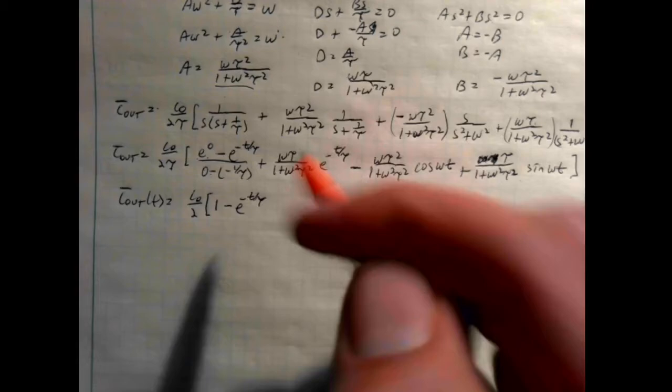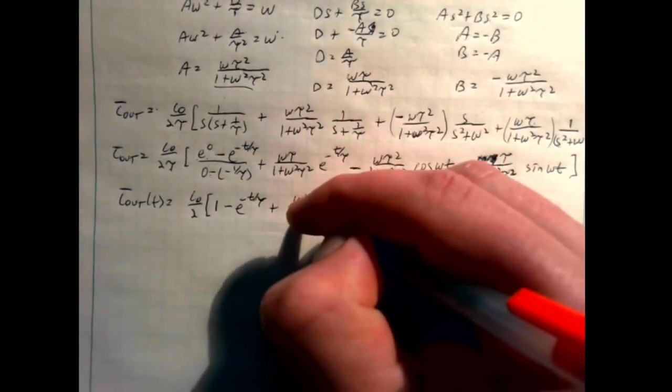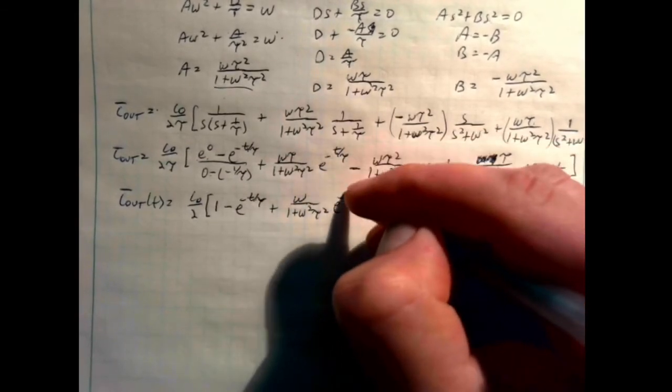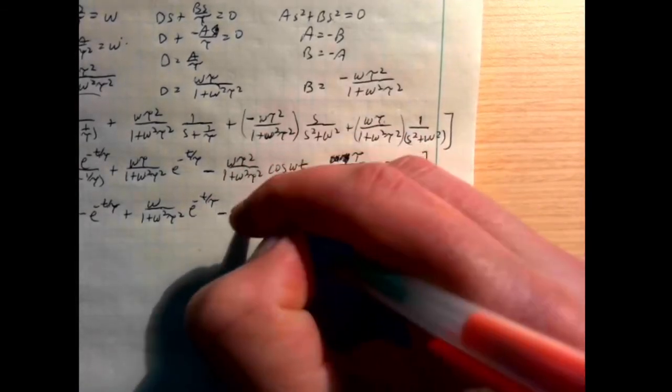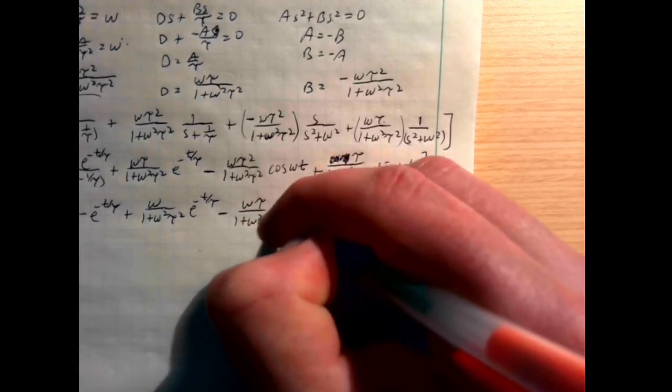And then over here, it'll get rid of that tau, leaving omega over 1 plus omega squared tau squared times e to the minus t over tau. For this one, it leaves me with an omega tau over 1 plus omega squared tau squared cosine of omega t.